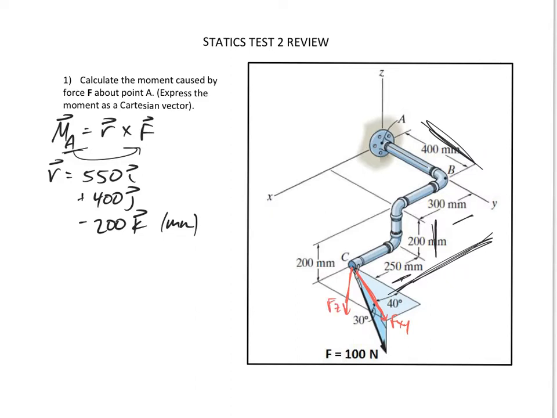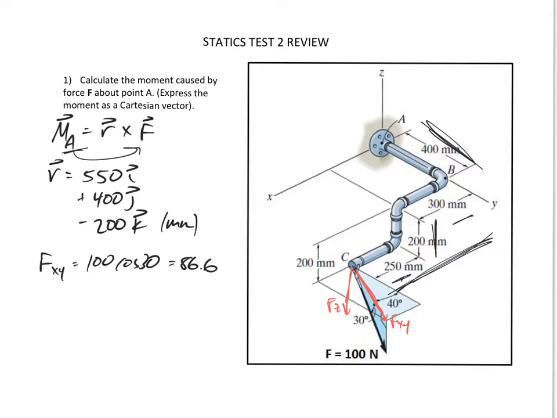I know that fxy would be 100 cosine 30, so that is 86.6.